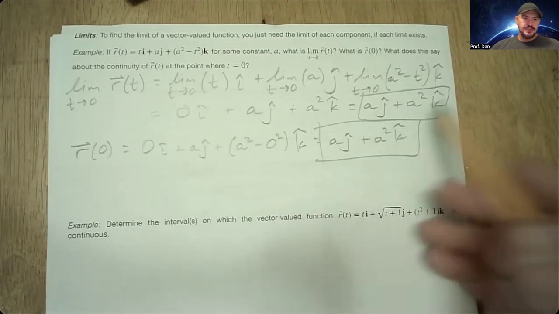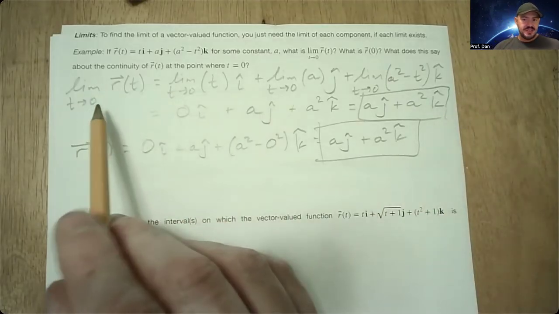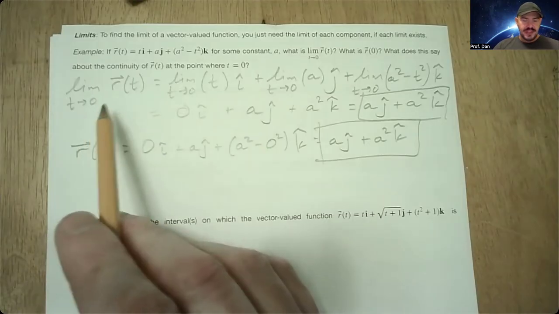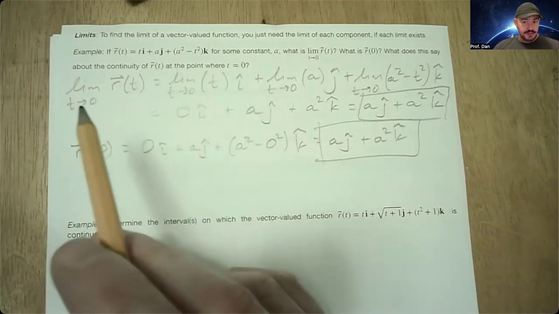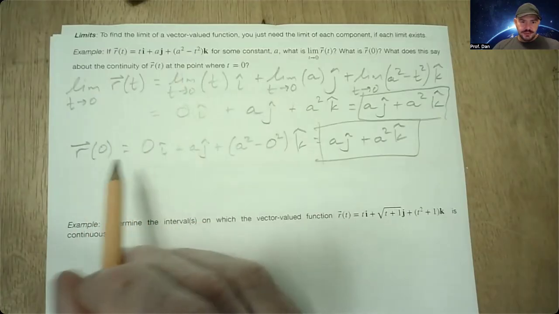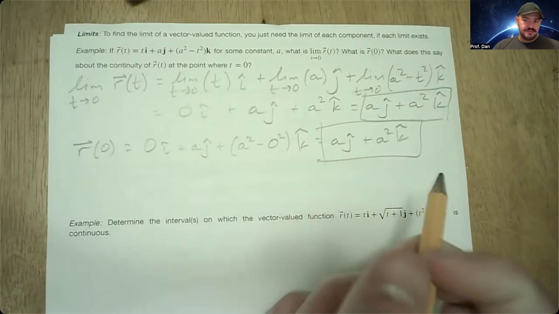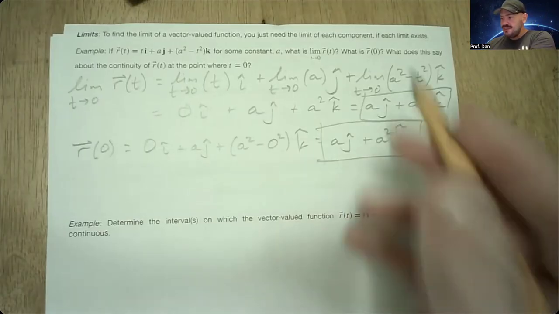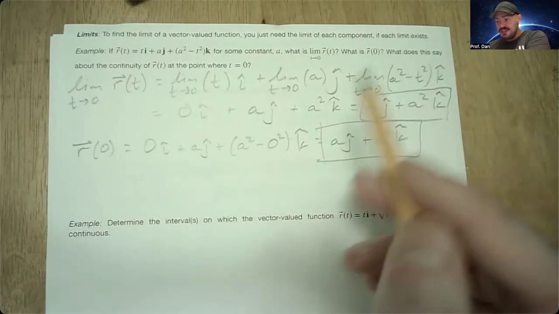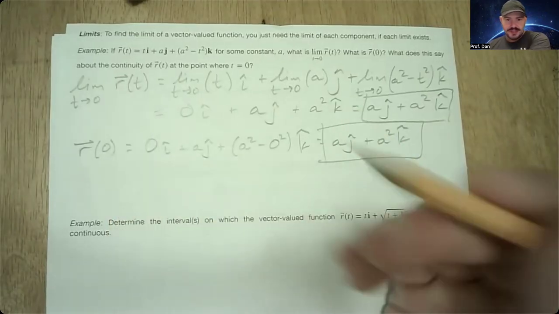And when this is true, so when we know that this limit exists, meaning the left and the right side agree, are the same number, and it's equal to what we get from plugging 0 in for t, we would say that this function is continuous when t is equal to 0.